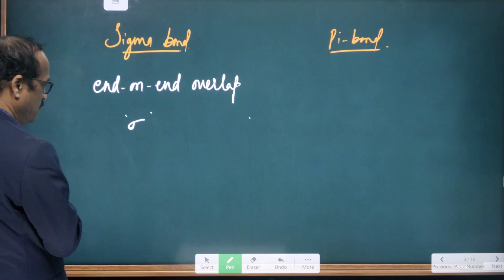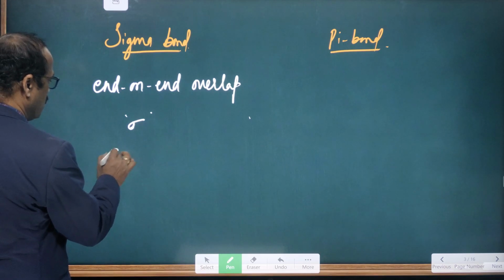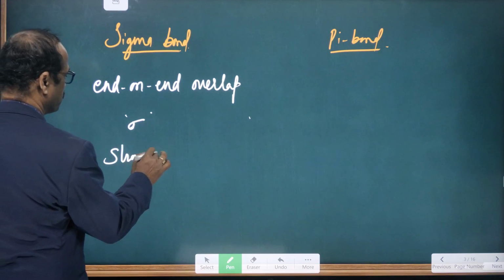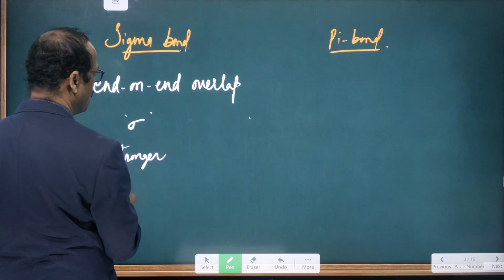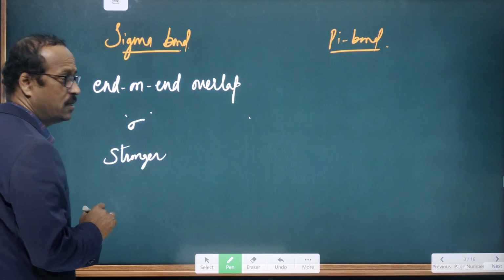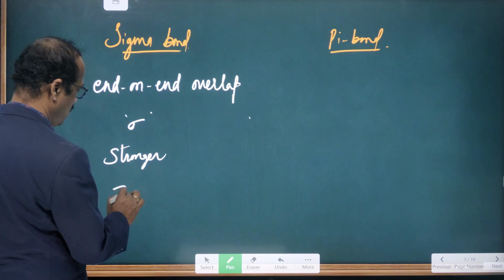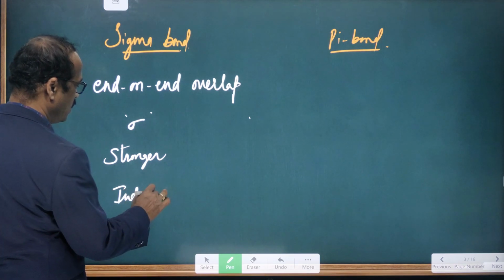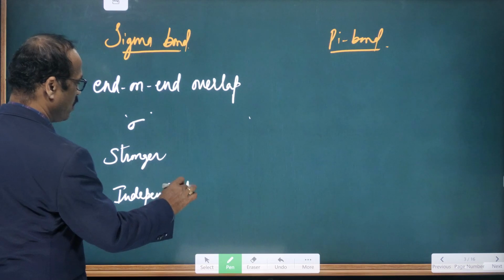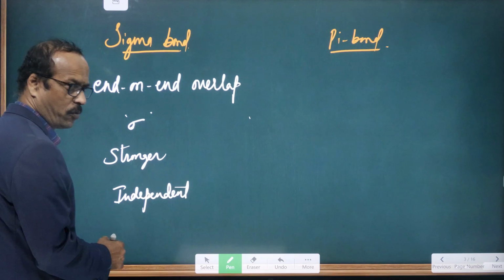This is the symbol we use. And the sigma bond is stronger than the pi bond, and it is independent. Independent means that to form a sigma bond, there need not be any pi bond.